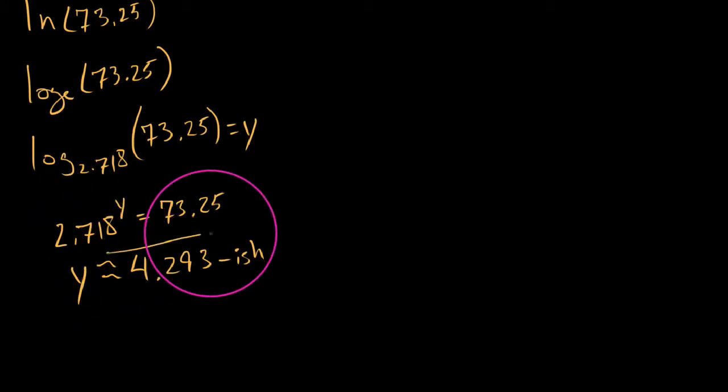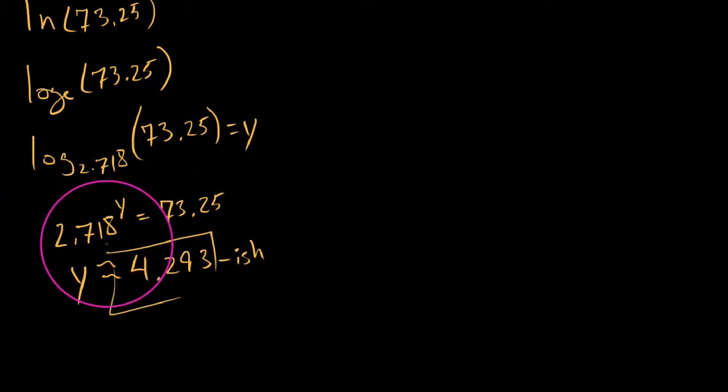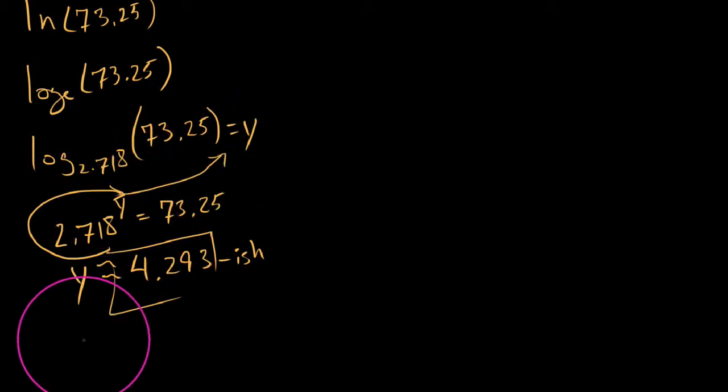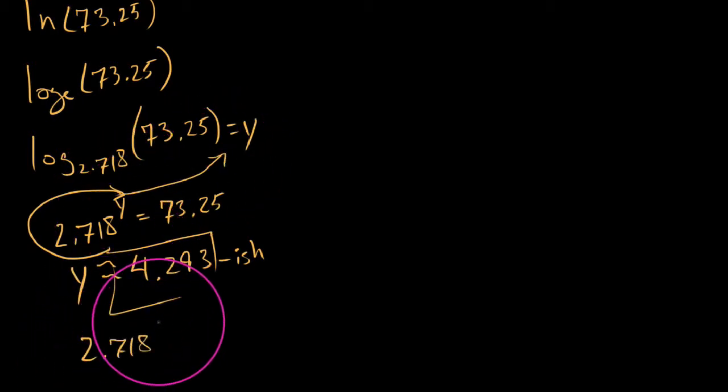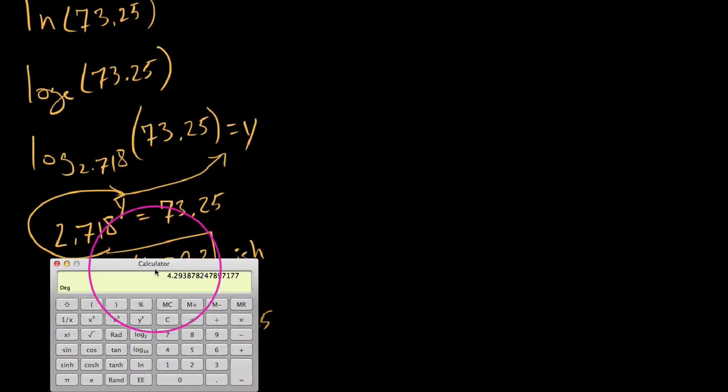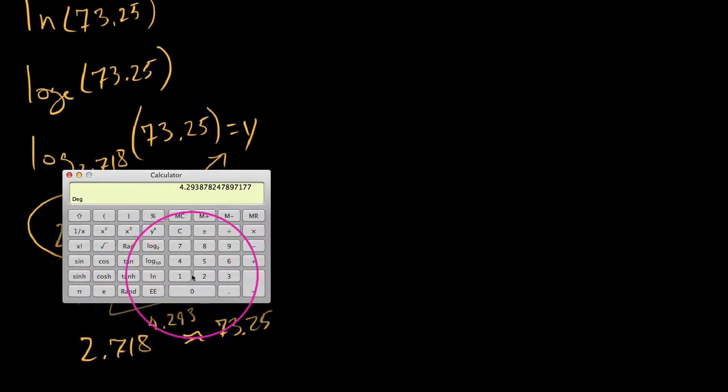Plugging this back in, 2.718 to the power of 4.293-ish should give us approximately 73.25. So I'm just checking this here. All right, here's my calculator: 2.718 to the power of 4.293. Hey, we got about 73.25. We rounded, so we didn't get it exactly.